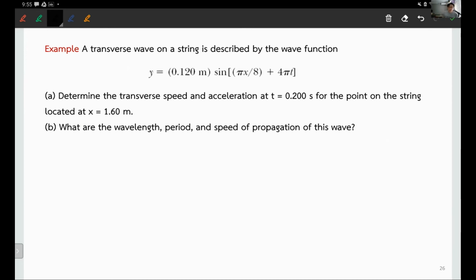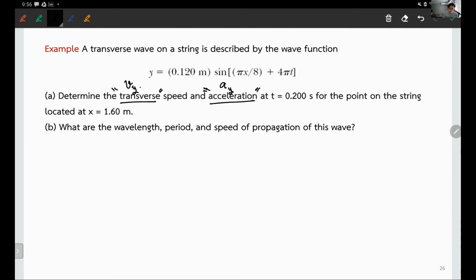You have a transverse wave on a string described by the following wave function. Determine the transverse speed and acceleration. Now that is a keyword, transverse. When you look at this one, you think of y, so it's a v in the y direction and the a in the y direction.